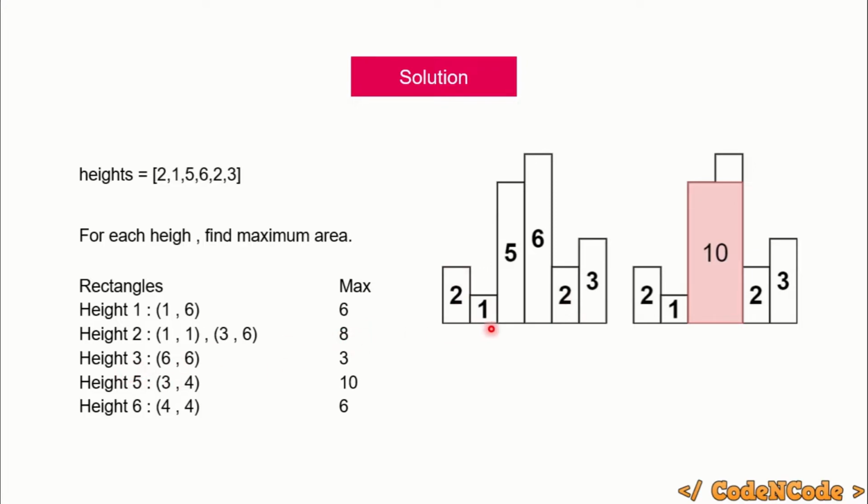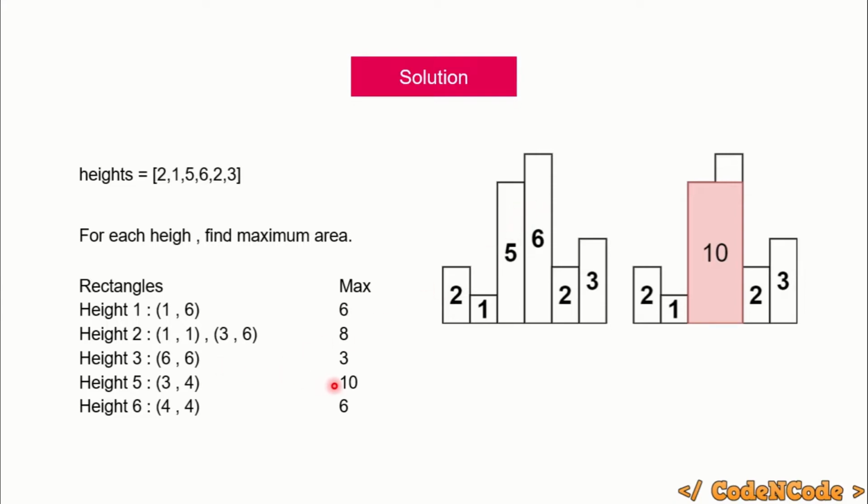Same for height 3. Height 3 you can form only 1 because none of the bars on the left can help him, right? None of the bars on the right can help him because on the right we have nothing. For height 5, here on the right this bar can help him create a height 5 rectangle. So we can have 2 bars of height 5.